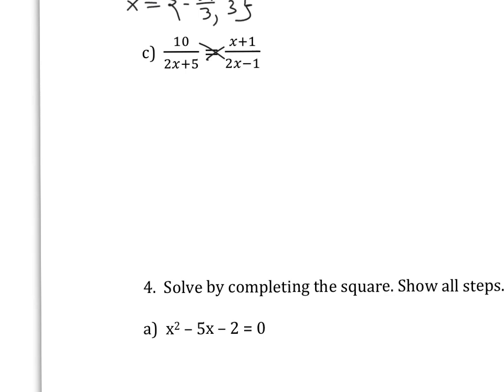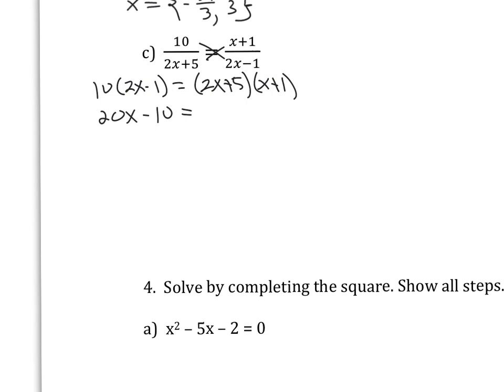Okay, so let's do 10 times 2x minus 1 is equal to 2x plus 5 times x plus 1. This gives us 20x minus 10 is equal to, so we get 2x squared plus 5x plus another 2x is going to give us 7x, and then plus 5.